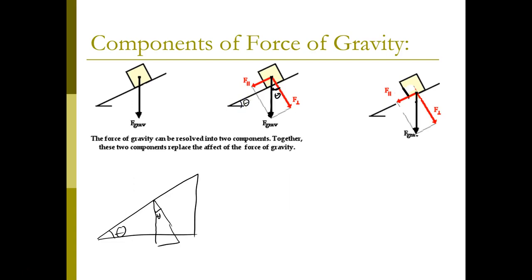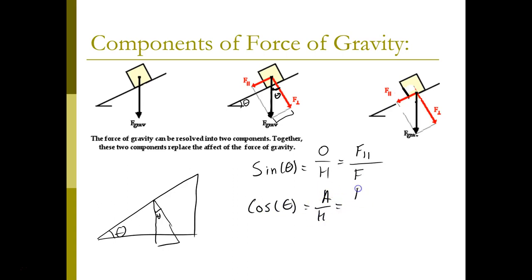So if we look at this, we know that the sine of theta is going to be equal to our opposite side over our hypotenuse. In this case, the opposite side is that side that we label as F parallel, divided by whatever F is. And we know that cosine of theta is equal to adjacent over hypotenuse, or that perpendicular component, or this guy, divided by F. And if we look closely, the way that we defined our axes, that is our x-axis and that is our y-axis.